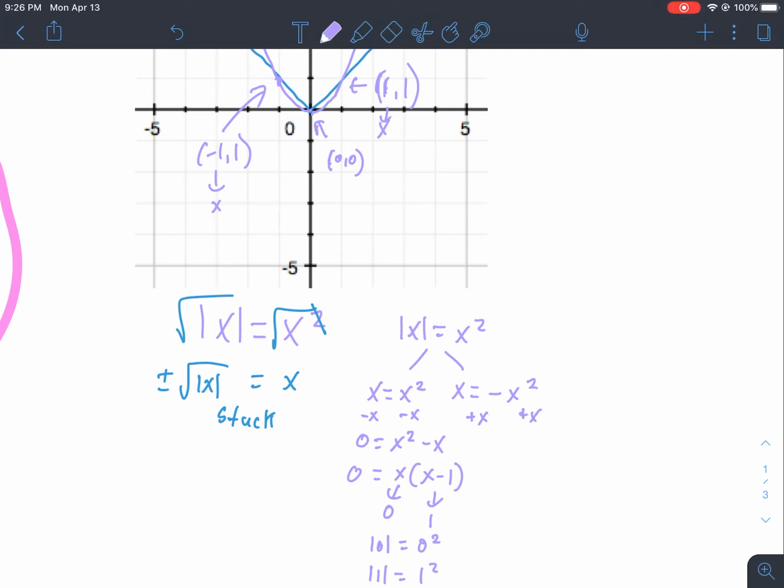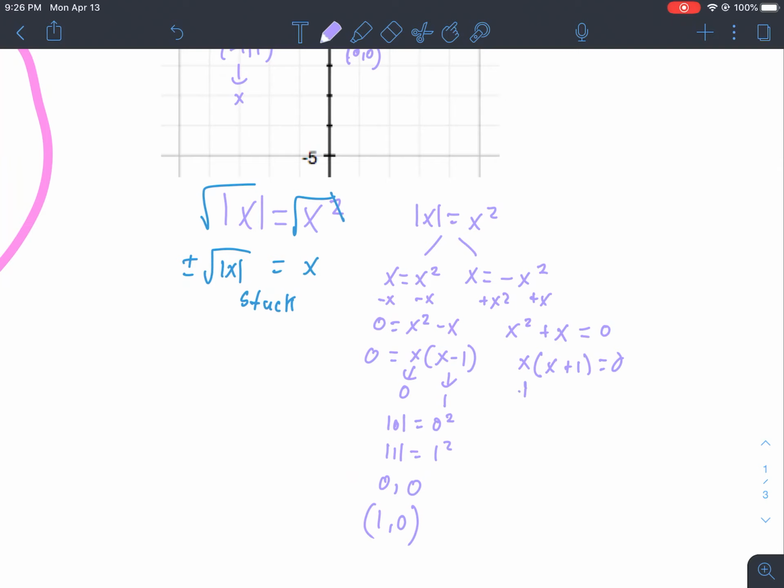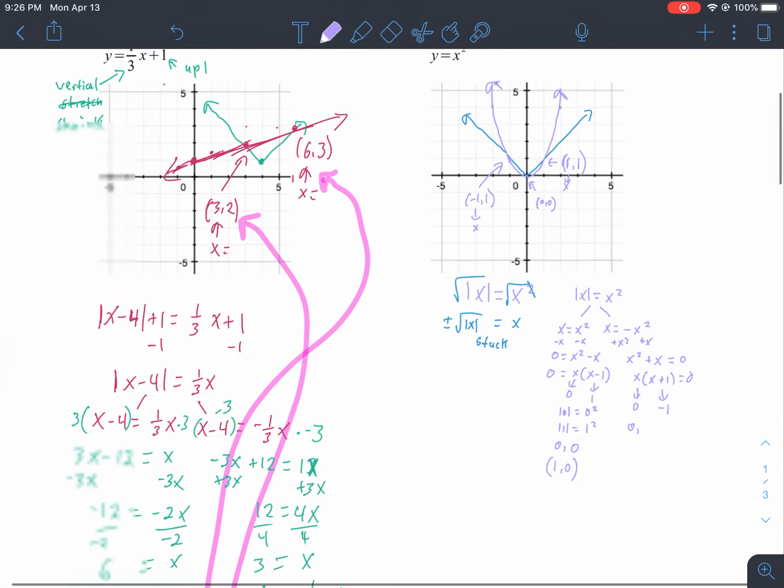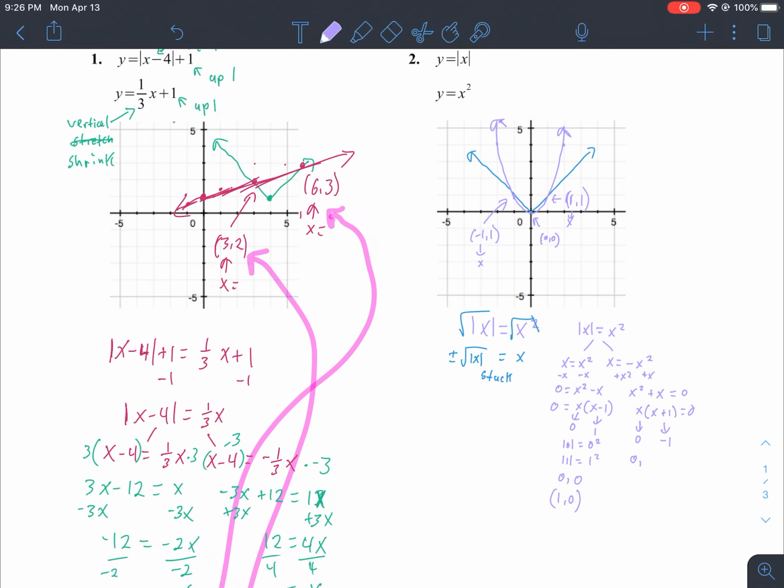I am going to add x squared to both sides. So I get x squared plus x equals 0. Then I'm going to factor it into x times x plus 1. So the answers are 0 and negative 1. Now if I plug 0 into the top and the bottom, I get absolute value of 0 and 0 squared. So that's 0, 0.